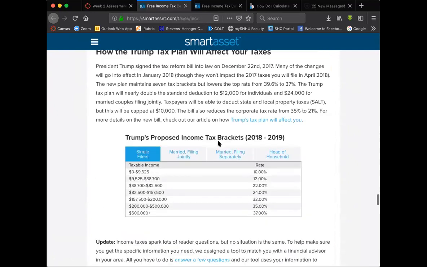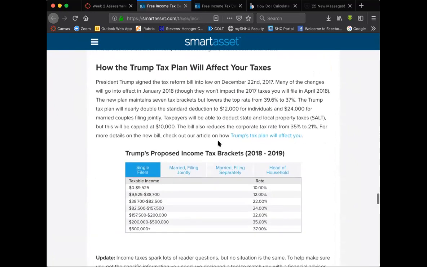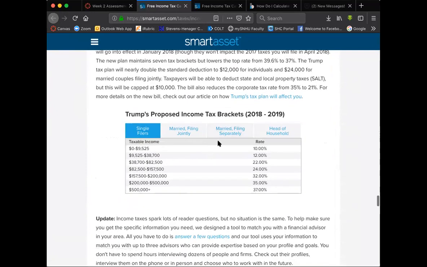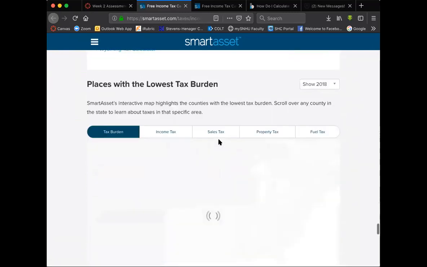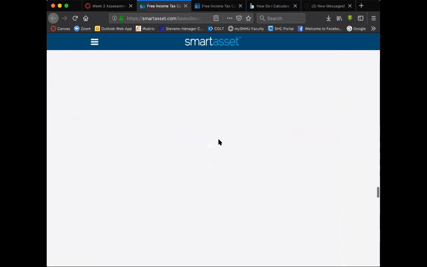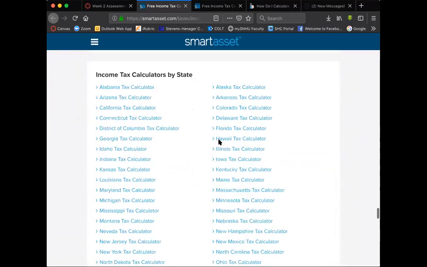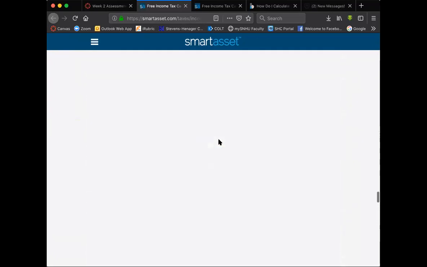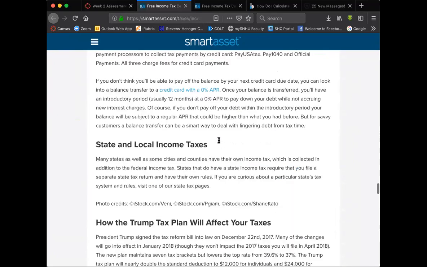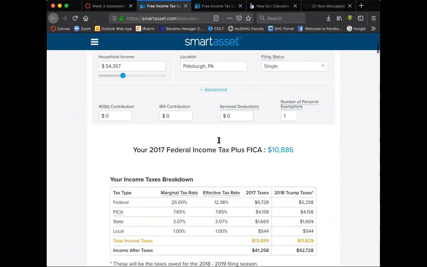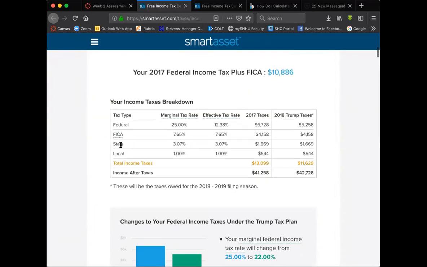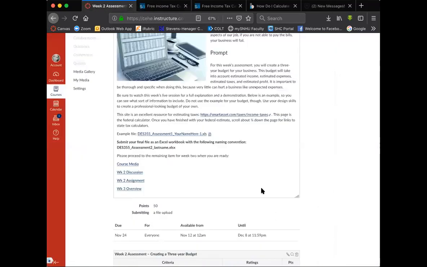Local and state income taxes right here. I don't think there's a calculator there though. It still says up here, if you go way up here, it does have the state tax here. So you can just use that.